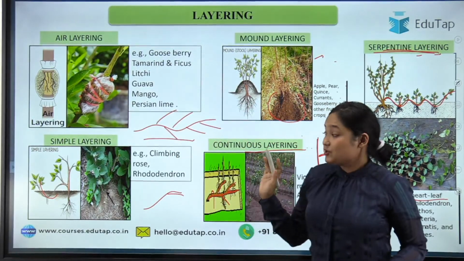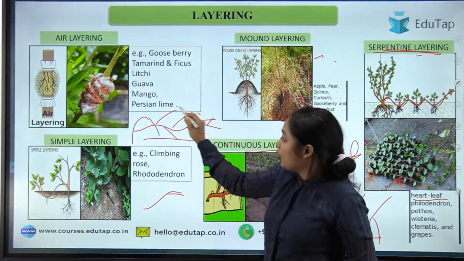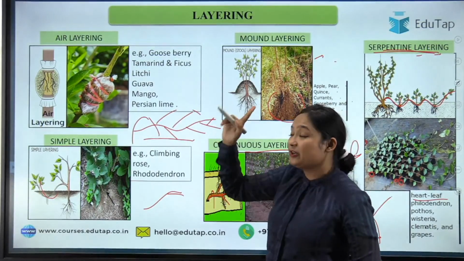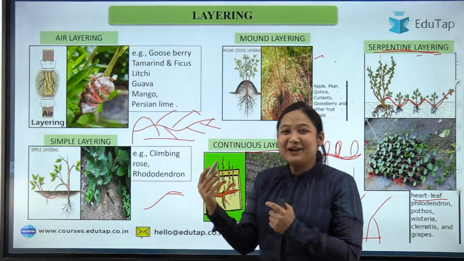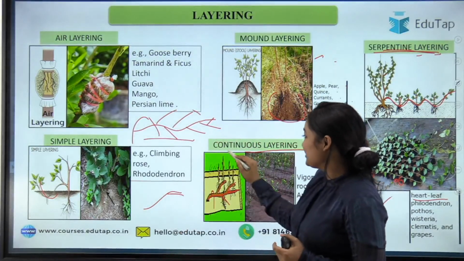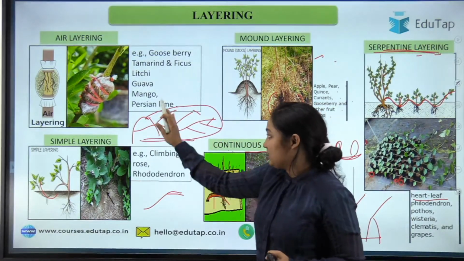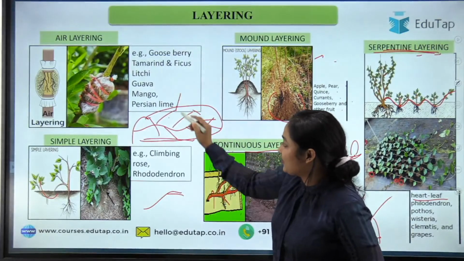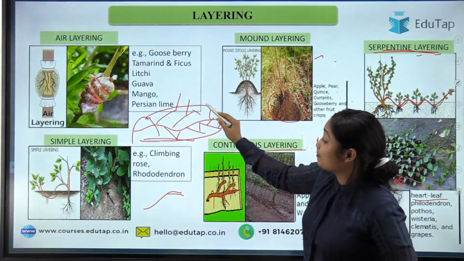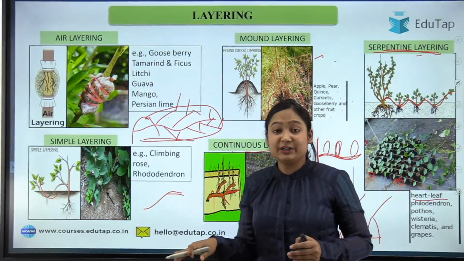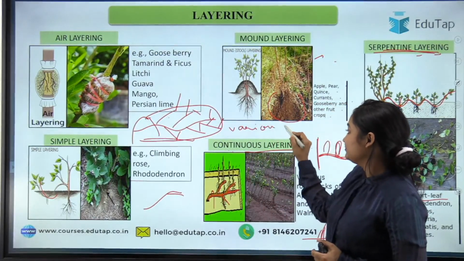If we use simple layering, we will put soil here, and this whole sub branch and branch part will grow into only one plant. But once we are doing continuous layering, we will put this whole branch under the soil, and this branch will give one plant, this will give another, this will give another. So from the one branch that you have put under the soil, various plants will grow. Okay, various progeny will be received.